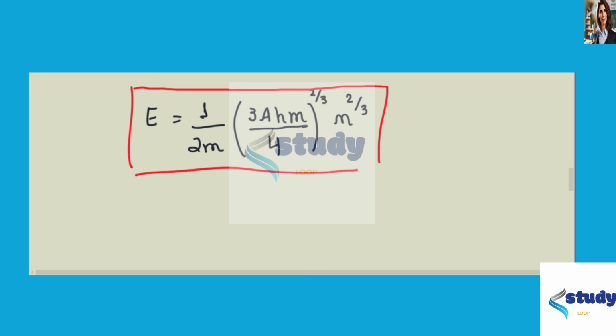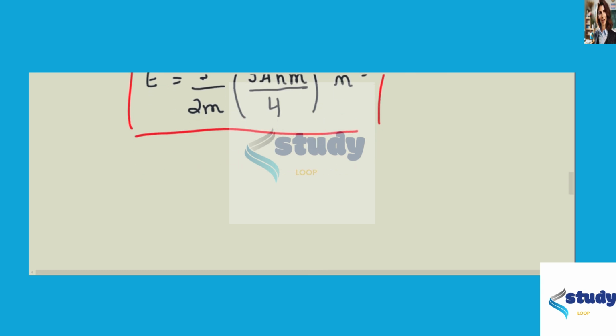And in question C, the exercise wants us to find out whether the difference in energy between two consecutive energy levels, so the energy of n plus 1 minus the energy of n, increases, decreases, or stays the same as n increases.